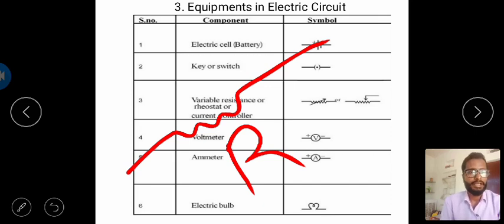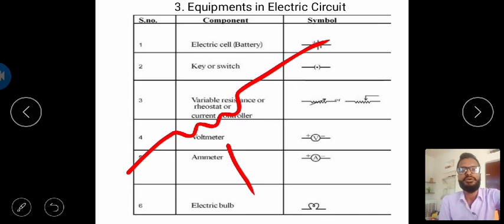But there are many kinds of experiments where we have to change the value of resistance at different intervals in a particular experiment. So we have to increase and sometimes decrease the value of resistance. So we use a variable resistance or rheostat.